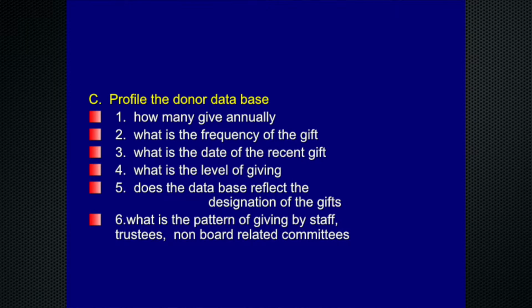You also ask what is the pattern of giving by staff, trustees, and non-board related committees, because you want also your nuclear people to be supporting your annual fund. Because wouldn't it be nice when you go out and invite the public to join your annual fund campaign, to say that 100% of our staff and our employees support our annual fund.